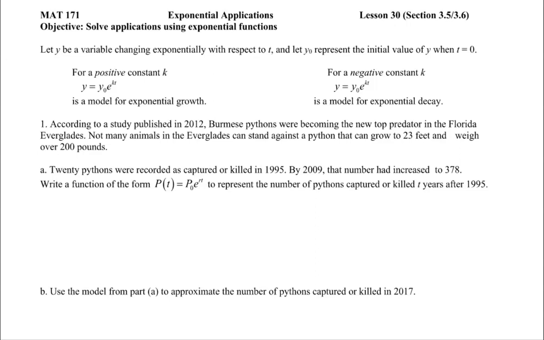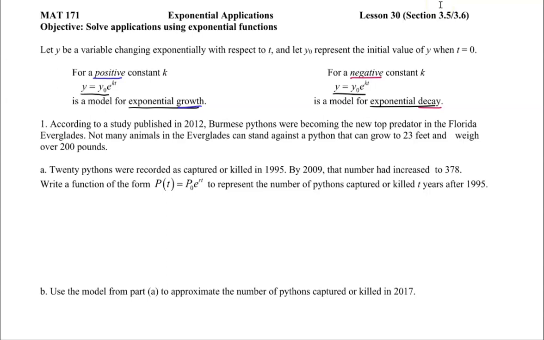In this lesson, we're going to be looking at applications of exponential functions, either using an exponential growth model or an exponential decay model. The forms for exponential growth and decay are almost identical. The only difference is that for exponential growth, the growth rate is positive, and for exponential decay, the growth rate is negative.